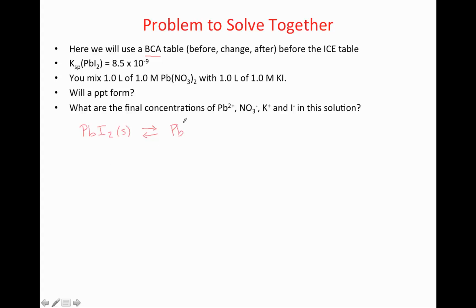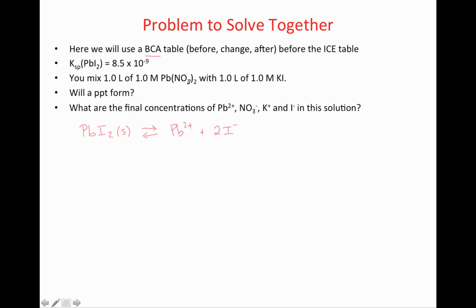So let's see. I'm going to write down the dissociation. I know enough inorganic chemistry that I can look at this and I can see how it's going to dissociate. And now I'm mixing, oh heavens, what am I doing? I've got 1 liter of 1 molar lead nitrate and 1 liter of 1 molar potassium iodide.